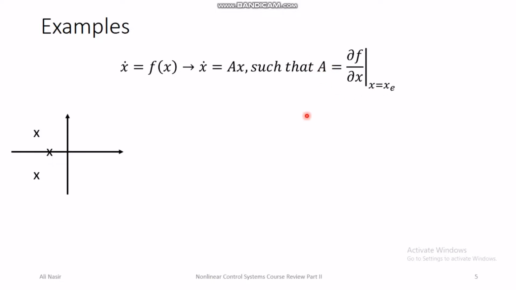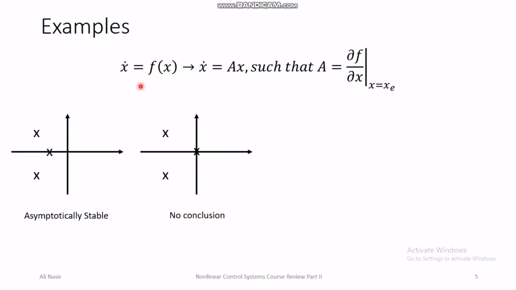So if the eigenvalues of this matrix are all in the open left half plane, then the equilibrium point XE of the original nonlinear system would be asymptotically stable. If some of them are in the open left half plane, but one or maybe more are on the j omega axis, then no conclusion can be made about the stability of this equilibrium point from this linear system.